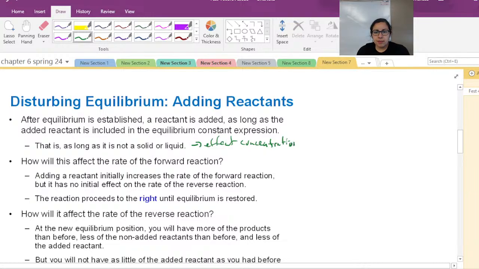Say you were reacting something with water in its liquid state. If you add more water, this actually does not change your equilibrium. We're not changing the concentration, so this would have no effect.